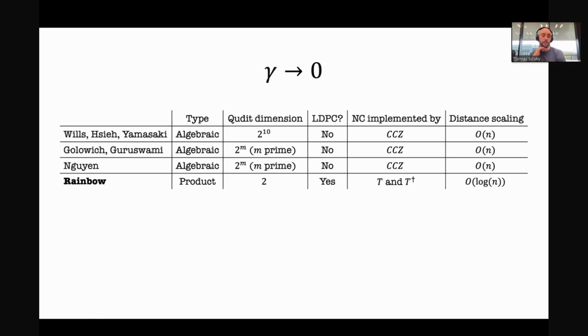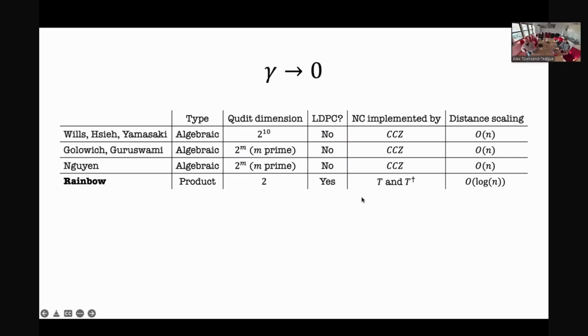The main thing I want to point out is that our construction is very different from the other three. They're all algebraic constructions. They work by puncturing over higher fields and things like this. They don't give you LDPC codes, and you have to do a physical CCZ gate to do your transversal non-Clifford, but they give you linear distance as well as linear rate.